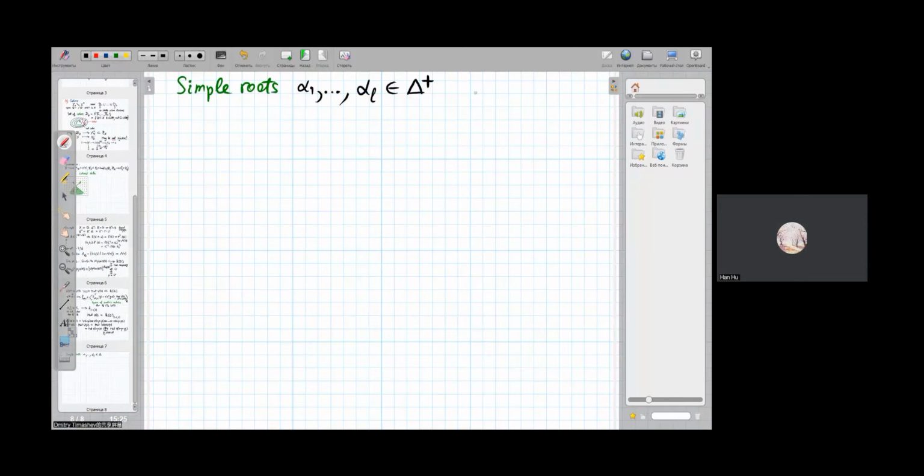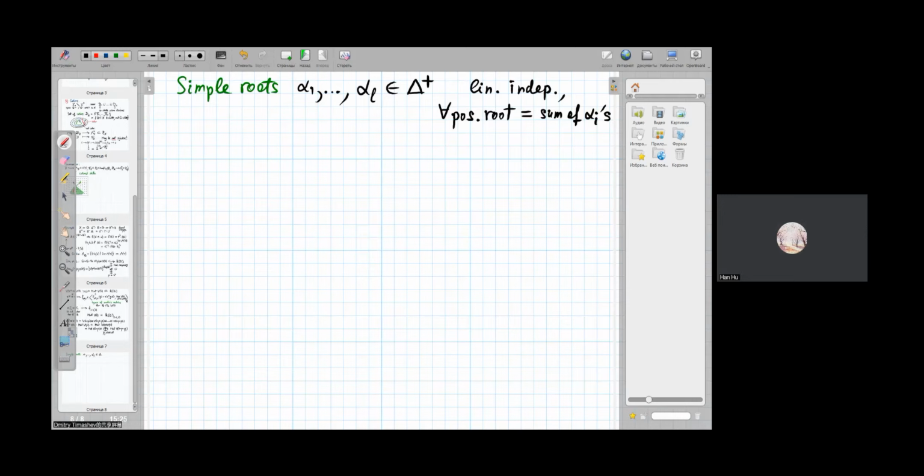In other words, they are linearly independent, and any positive root can be decomposed as a sum of these alpha i's. So among all positive roots, we can choose finitely many linearly independent roots such that any other positive root is a sum of several simple roots.